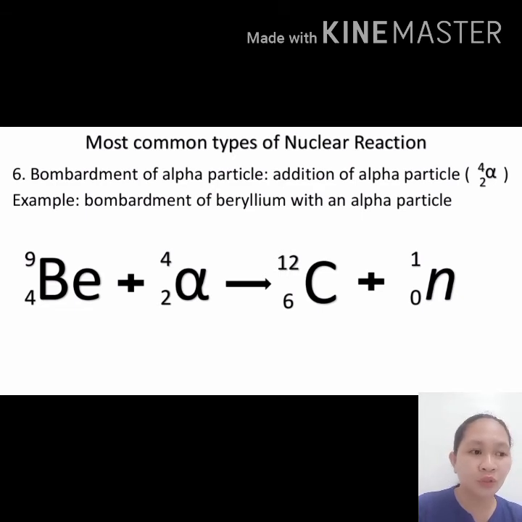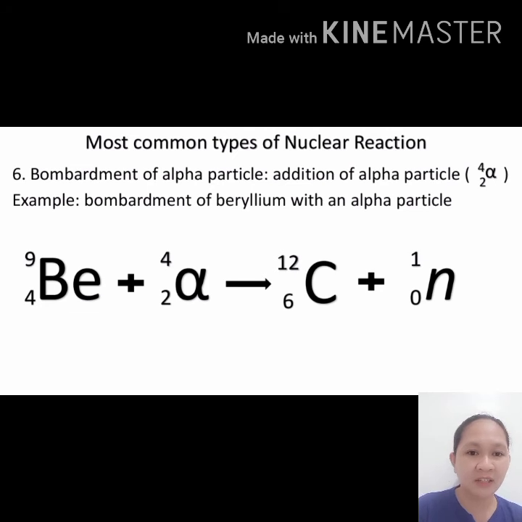Ano ngayon yung mangyayari? Bakit kulang? Kailangan kasi both sides is balance. Kung ano yung super subscript at subscript sa kabila, ganun din dapat yung total ng subscript and super subscript on the other side. Ngayon, kulang siya kasi 12 lang yung atomic mass ng carbon.